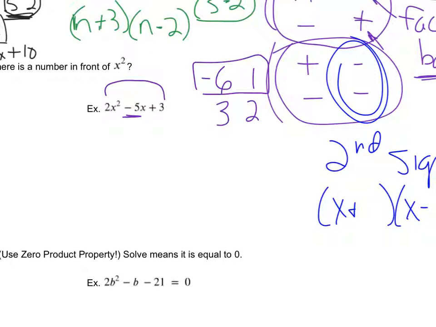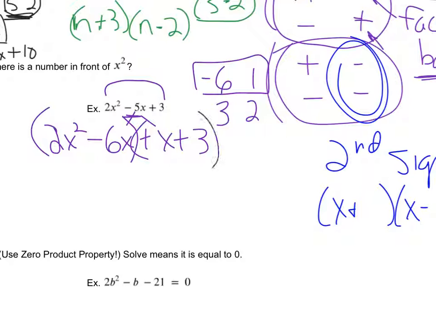So I'm going to go 2x squared minus 6x plus x plus 3. Then I'm going to rewrite that. Yep, negative 6 and 5. So then parentheses, parentheses, parentheses, parentheses. First set, what's in common? 2x.